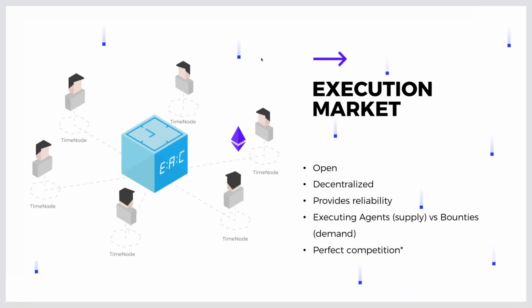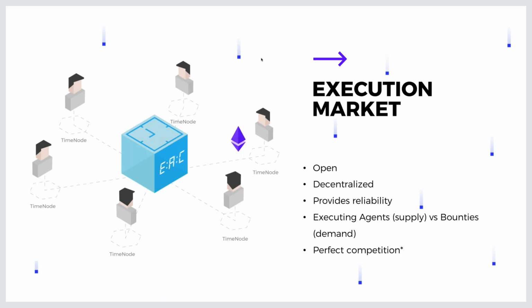So we have execution agents, which are the supply for the market, and the demand is represented by the bounties. The equilibrium for this market is that, assuming these are rational agents, we are going to keep up as many time nodes as the bounties or rewards available on the market.